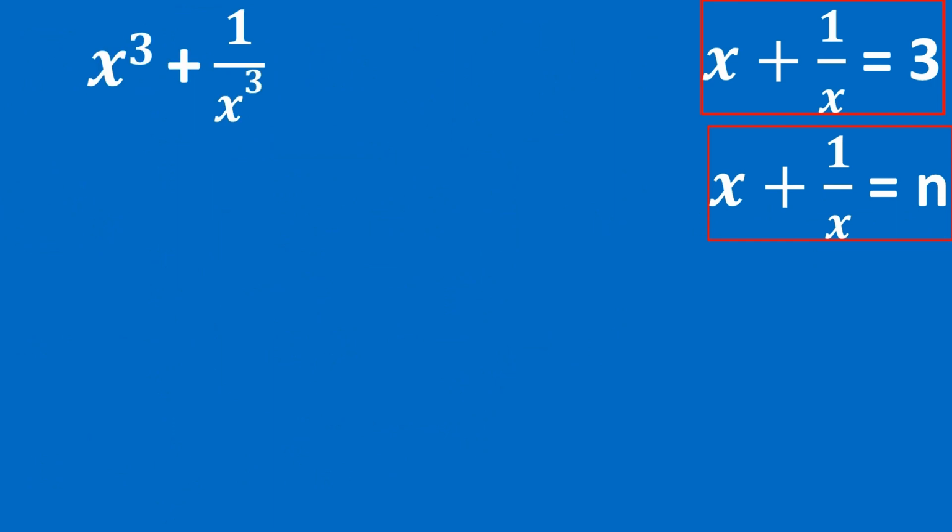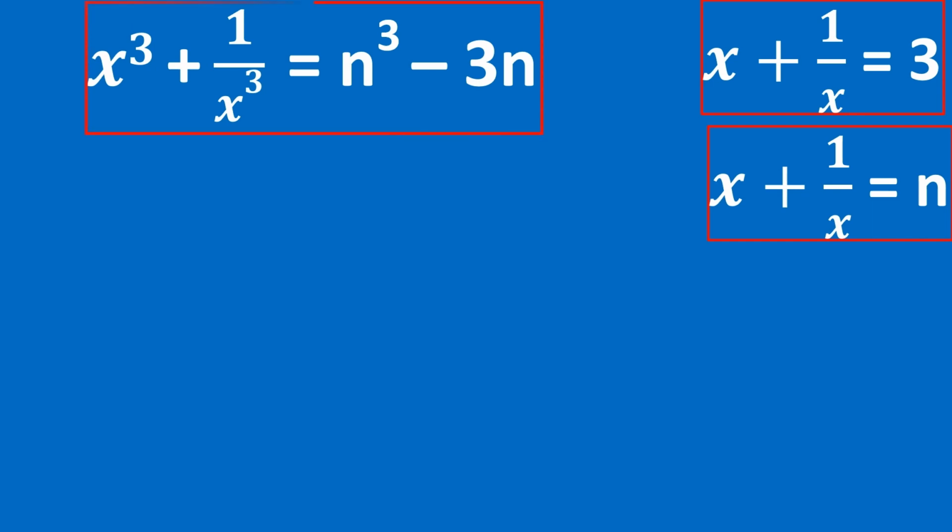So we have established that x raised to power 3 plus 1 over x raised to power 3 is equal to n raised to power 3 minus 3n. Remember, we said n is equal to 3 as we established at the beginning for this particular scenario.